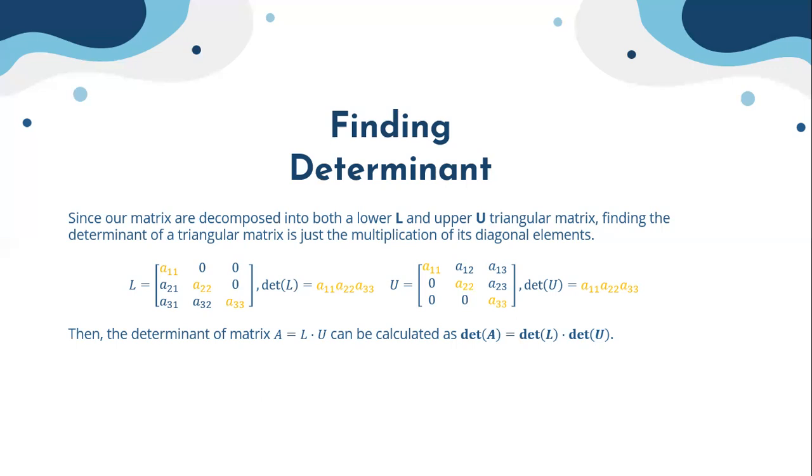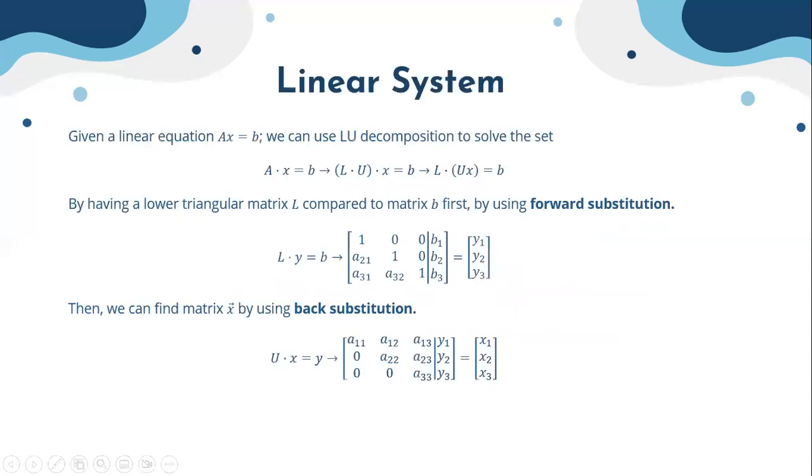Next slide, please. Another application of LU decomposition is to solve a linear system. So given a linear system AX equals B, we can use LU decomposition to solve the set. First, we are going to decompose A into L times U, as shown in the first equation on this page.